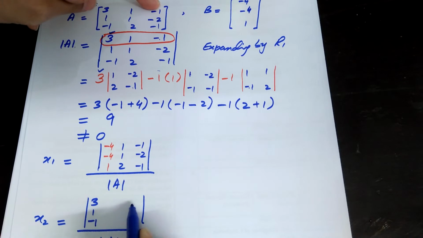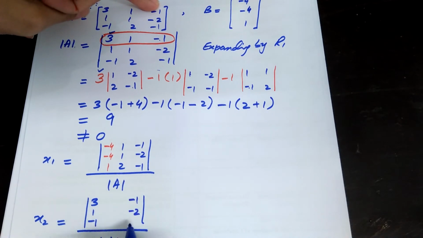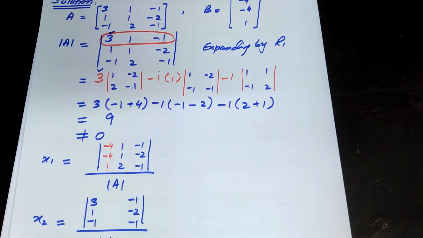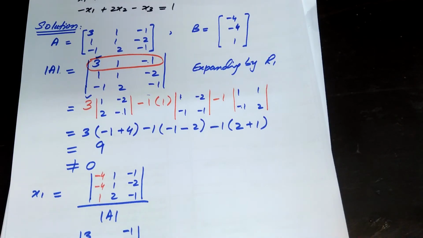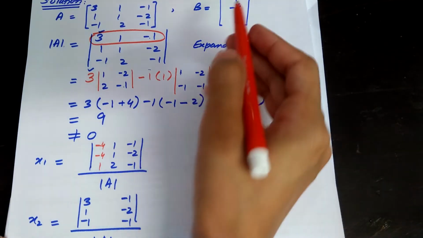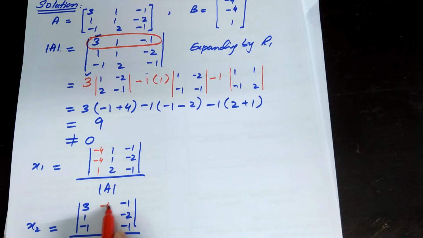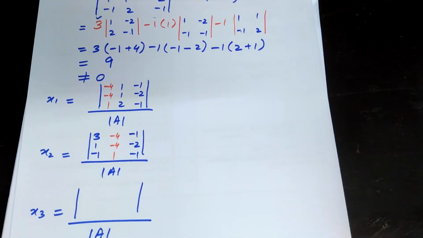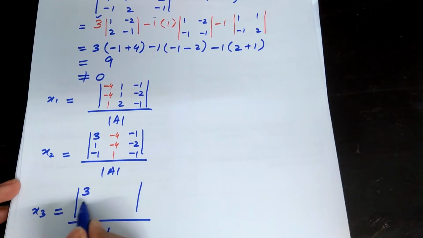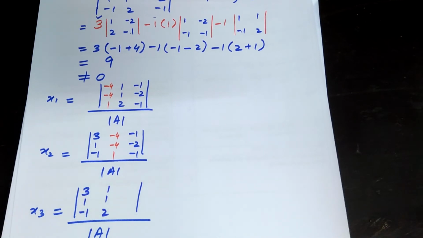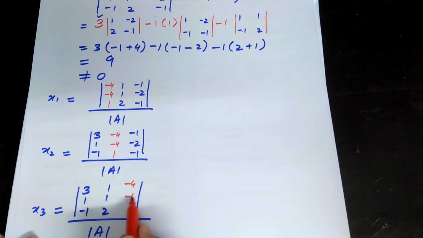Your second column will be filled with your b value, like this. Now for x3, write your A matrix completely, leaving your third column space empty, and fill your third column space with the b value, like this.